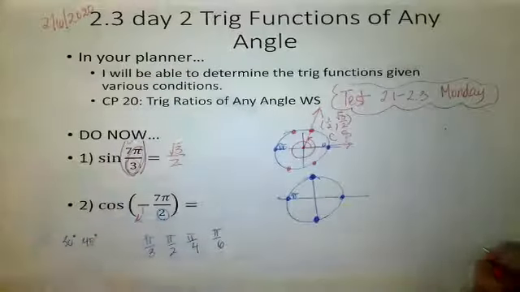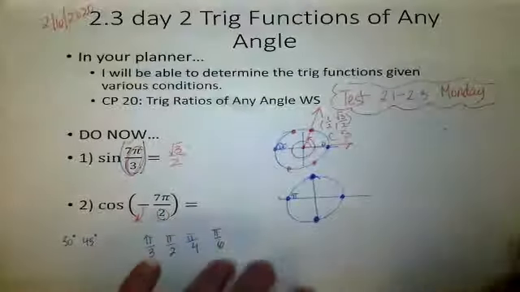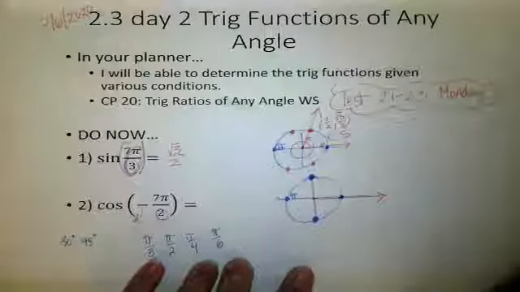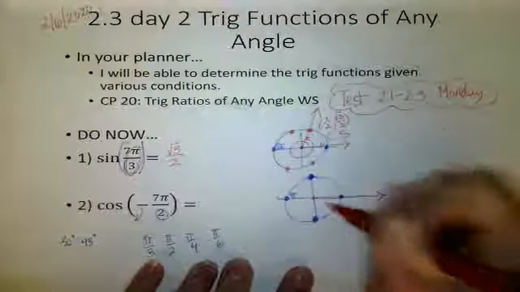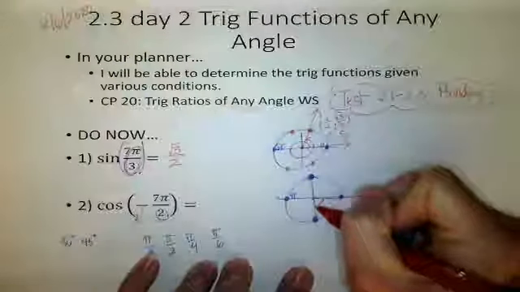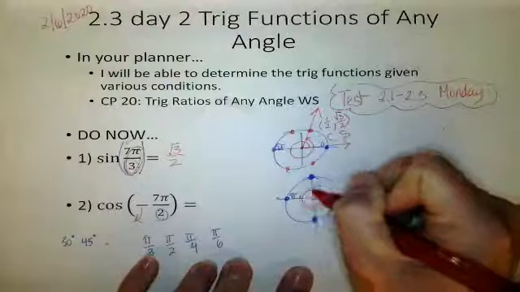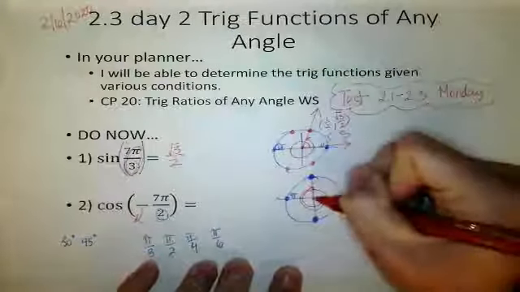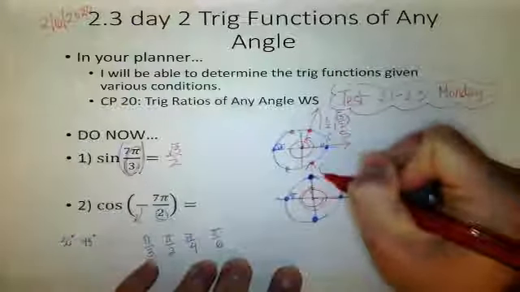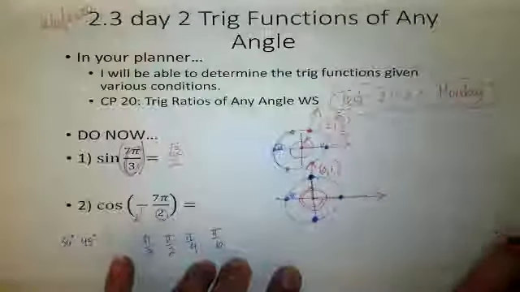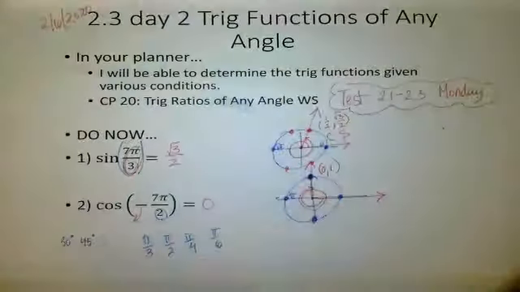Everything is opposite. Okay. So I have my initial side on the positive x-axis, and we're opening clockwise. So 1 pi over 2, 2, 3, 4, 5, 6, 7. Pi over 2 puts me straight up. What's this ordered pair? 0. What's the cosine then of negative 7 pi over 2? 0. Yes. Okay.